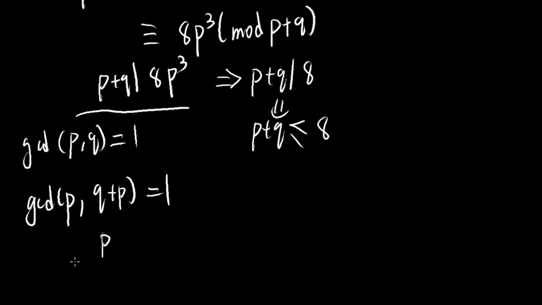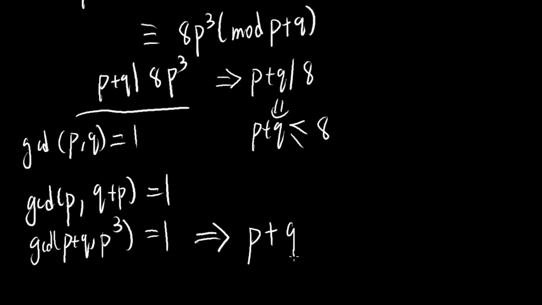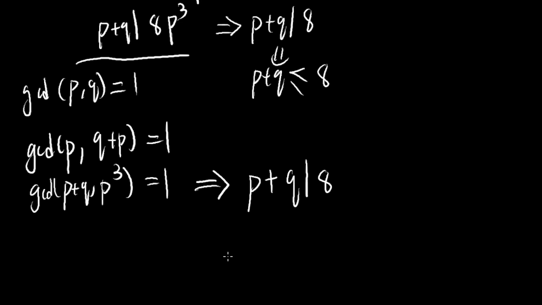So p cubed and q plus p are also co-prime, and as a result we get p plus q divides 8, and this is what we are looking for.